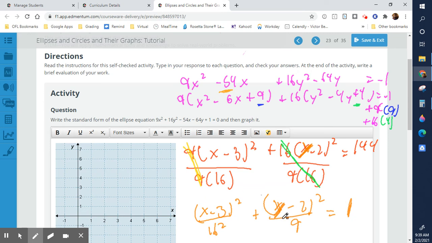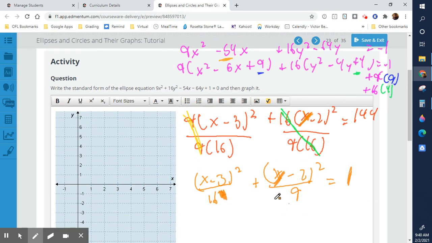So this tells me that this is, I don't know why I put squared there. It should have been a 4 if I wanted to square it. This tells me that this is a horizontal graph, not just because I see that there's more room on the x than there is on the y, but because this x has a bigger number than this y.